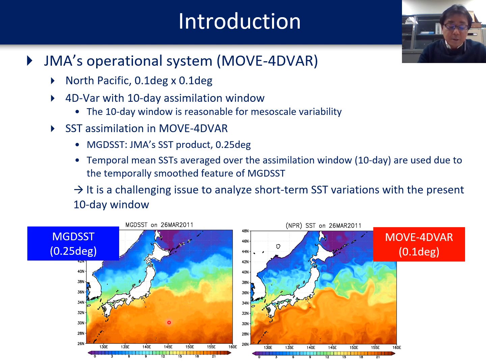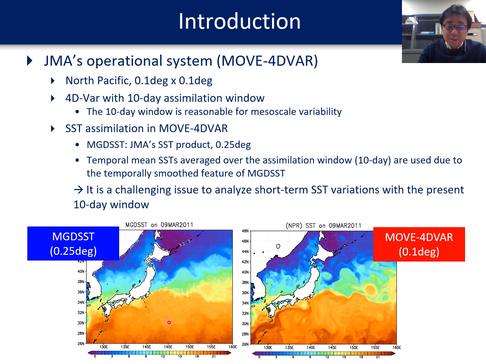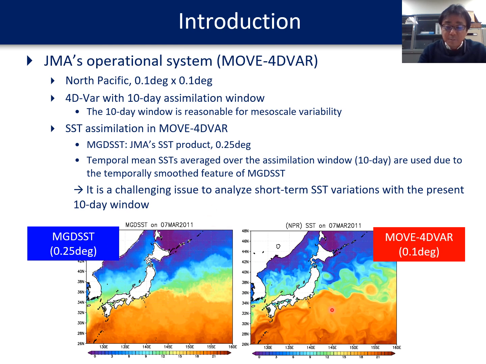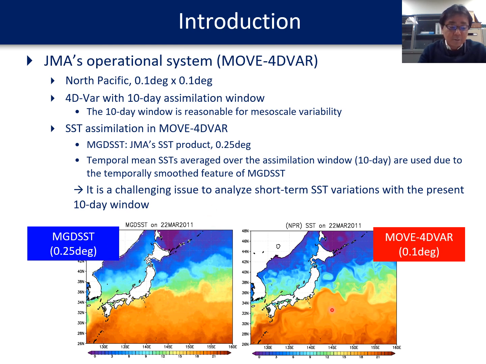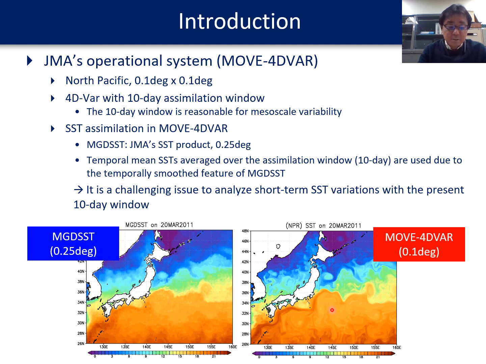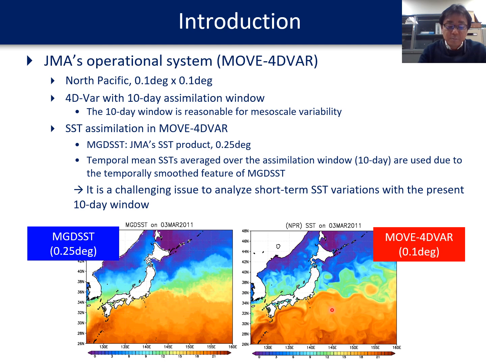Here we compare SST field between MGD-SST on the left and MOVE 4D-Var analysis field on the right. As shown here, you see that MGD-SST is spatially and temporally smoothed.